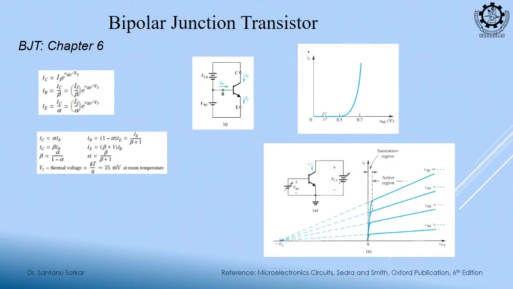So, if we have a current IC and a base emitter voltage, how are they related? Exponentially, right. If you plot the input voltage VBE against the collector current or base current, their nature will be exponential.